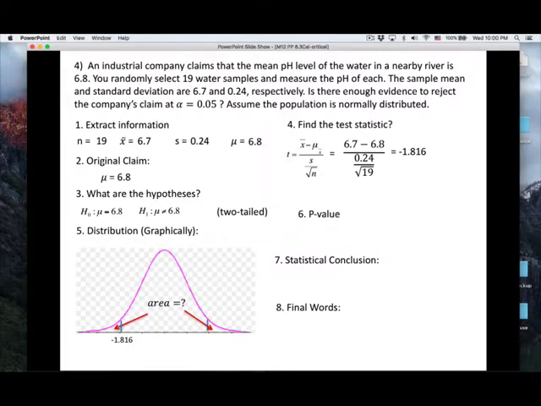Again, you'll be using the tcdf: lower value negative 1.99, upper value negative 1.816. Degree of freedom is n minus 1, so that will be 18. Make sure you multiply by 2 because you have two tails. Okay, you should get this one.